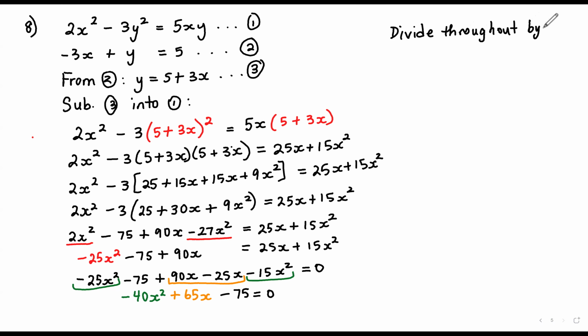So dividing throughout by -5 would give me, well, -40 divided by -5 will be 8. So that'll be 8x squared. Positive 65 divided by -5 is -13. So 8x squared minus 13x. And then -75 divided by -5 will be plus 15. And all of that is equal to 0.